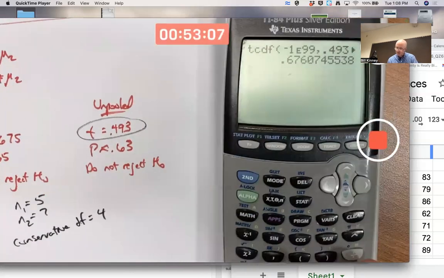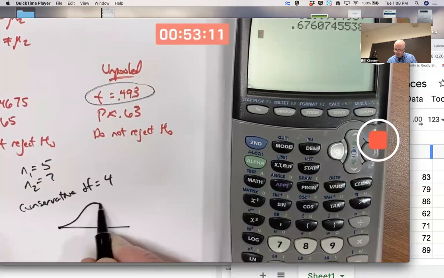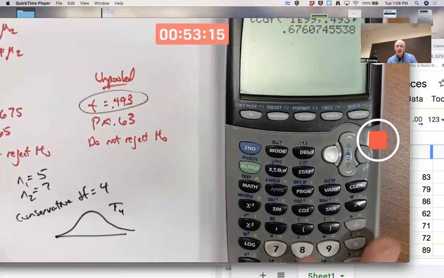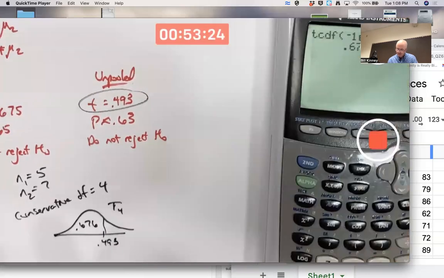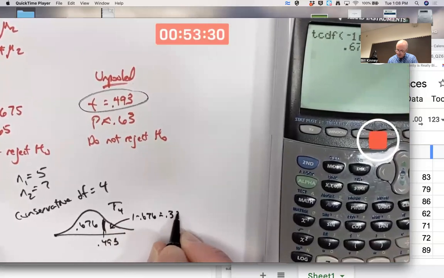Okay. What this is showing is that for a T4 distribution, the area to the left of 0.493 is 0.676, meaning the area to the right of that is 1 minus 0.676, which is 0.324.